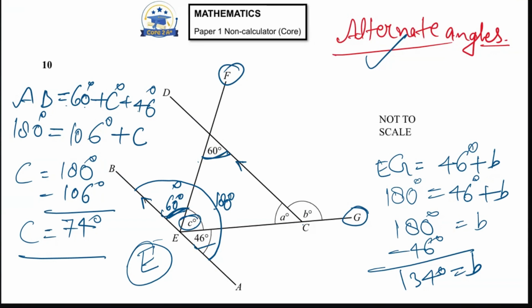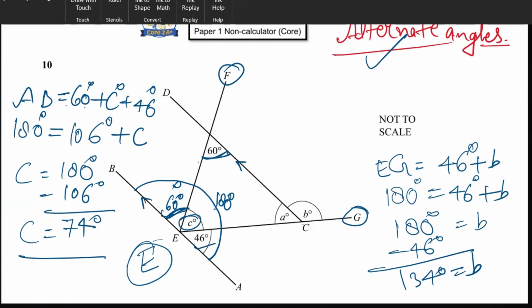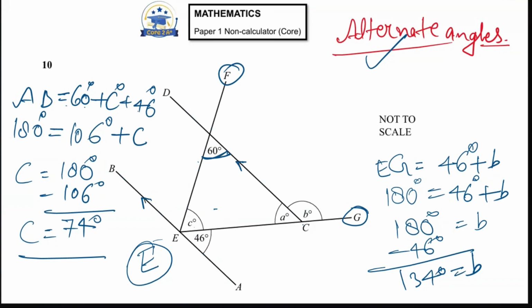This is the first concept. And the next, let me erase. If this one is 46 degrees, the value of A would also be 46. Why? Because of alternate angles. We know that two alternate angles are equal to each other.